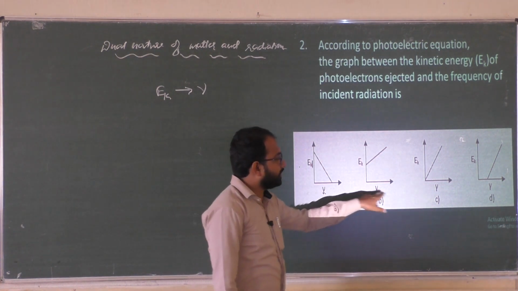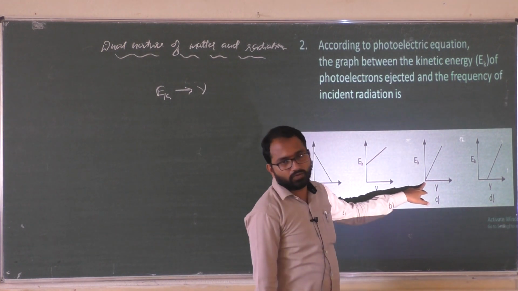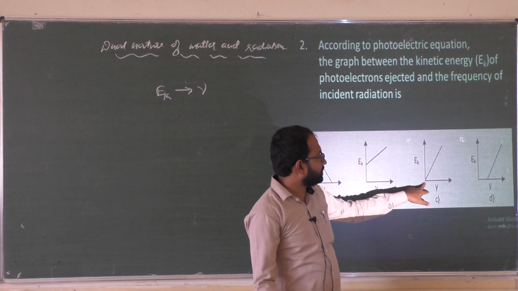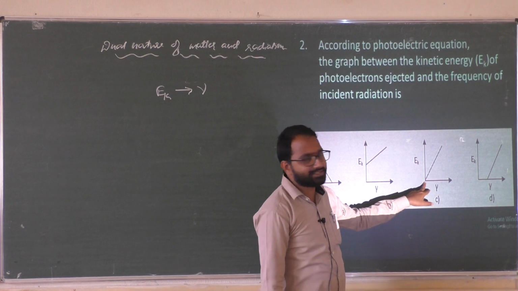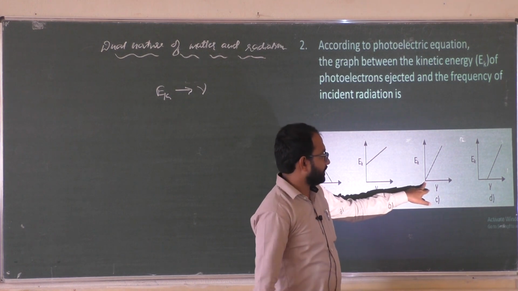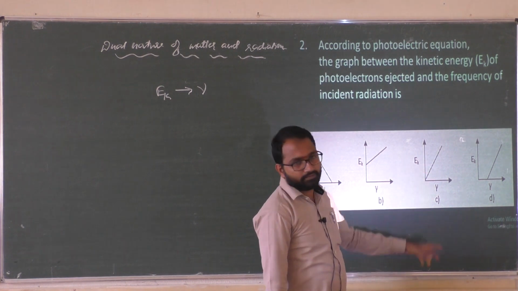So what about the third option? See, when the frequency is 0, the kinetic energy of emitted photoelectrons is 0. As soon as the frequency is increased from 0, the kinetic energy goes on increasing.